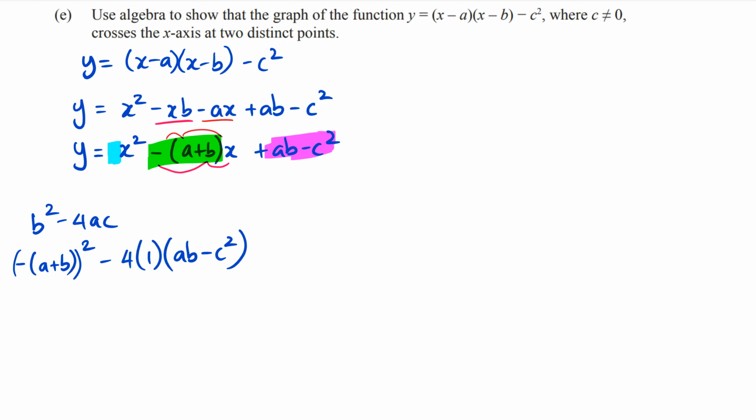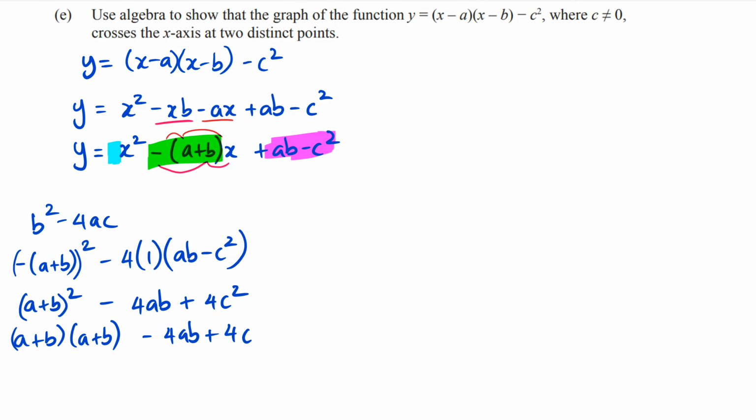So the next thing is I've got to expand this out. The negative squared becomes positive, so I can rewrite this as a plus b squared minus 4ab plus 4c squared. The next thing is I need to expand a plus b times a plus b, and then I still have the minus 4ab plus 4c squared.